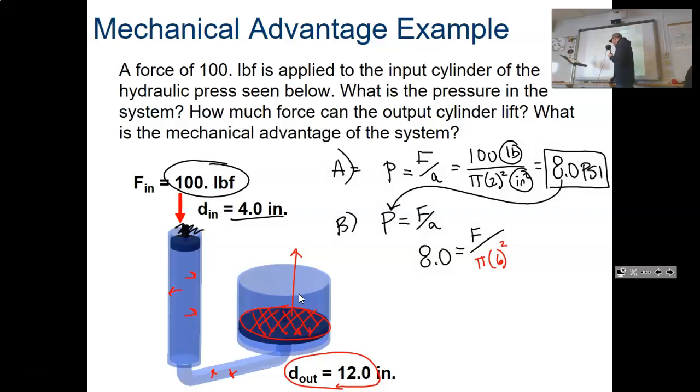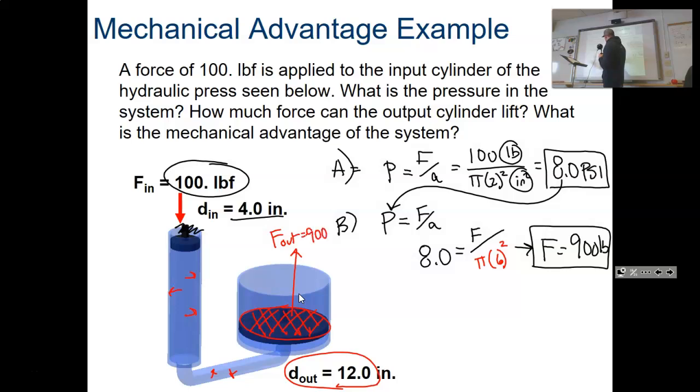If I multiply 8 times 36 times pi, the force is equal to 900. That's huge. We put in 100 pounds and we're getting out 900 pounds.